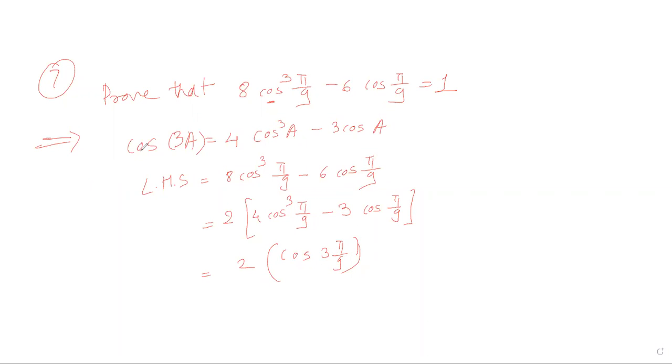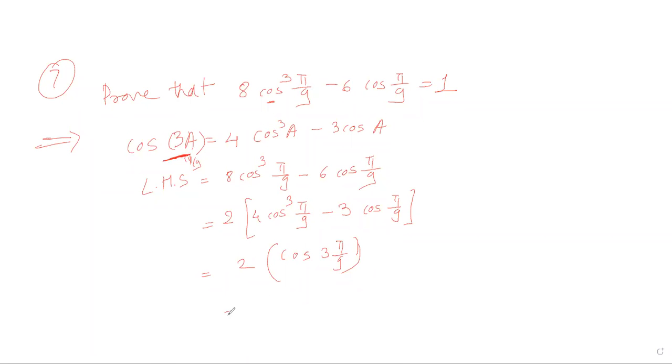See, the formula is cos 3a is equal to 4 cos cube a minus 3 cos a, and here we have 4 cos cube pi by 9, so a is pi by 9. That means we put pi by 9 in place of a, so cos 3 pi by 9. 2 as it is, and instead of this we used this formula: cos 3a, where a means pi by 9. Is this clear?